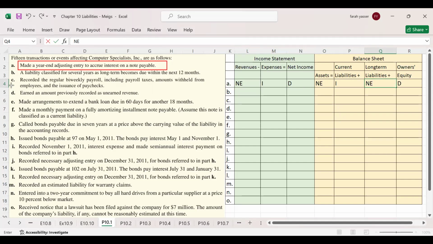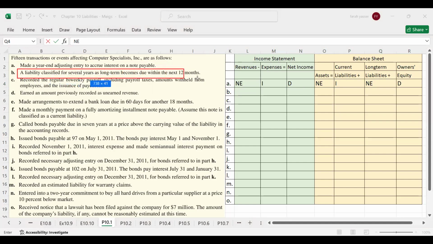Whereas in the second transaction, a liability classified for several years as long term becomes due within the next 12 months. Means it is a classification of long term liability into current liability by converting current portion. This is the current portion of long term liability.